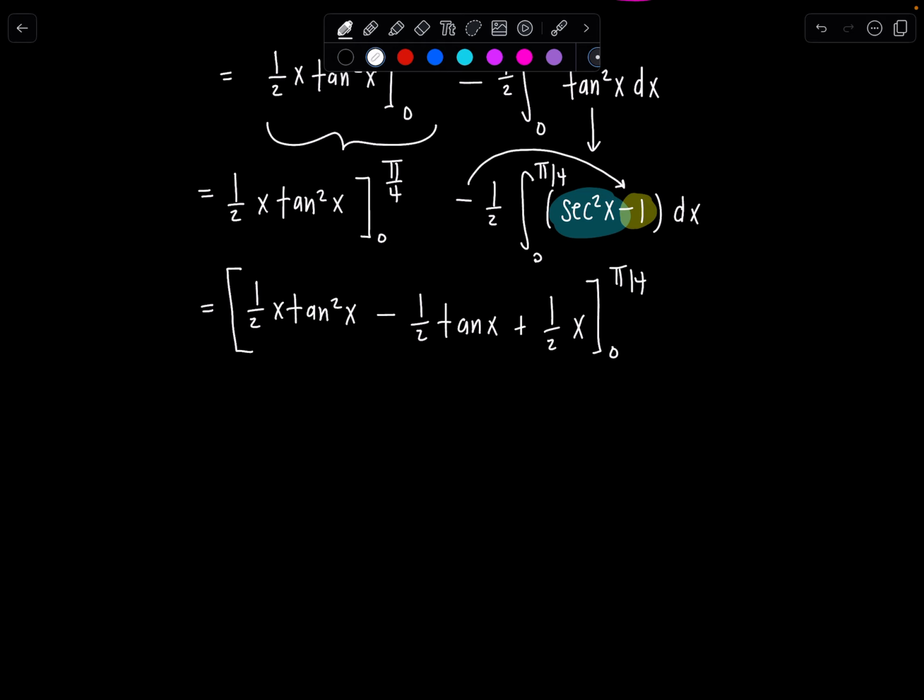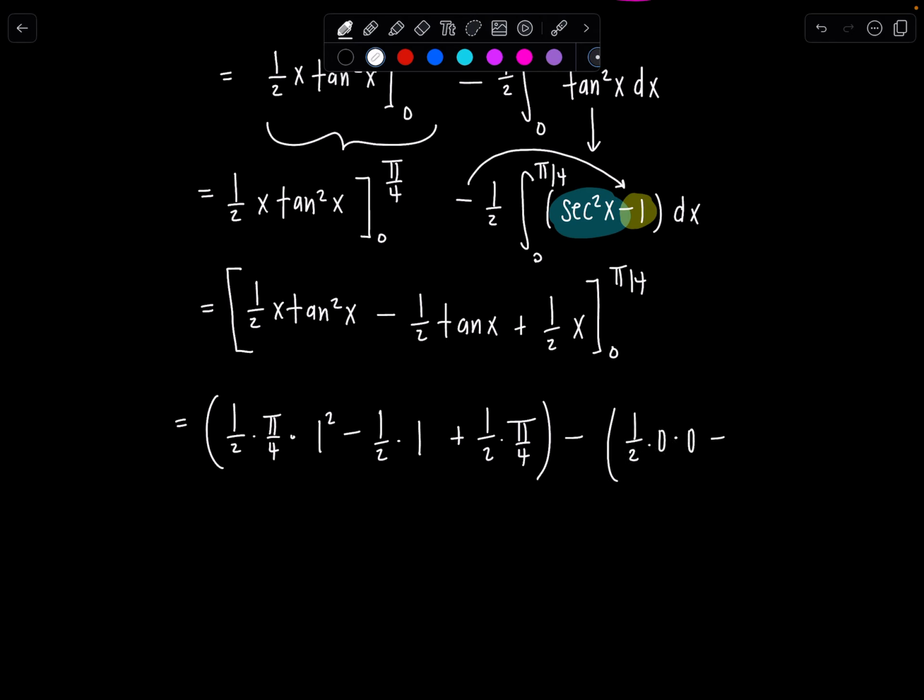So we're going to plug in upper limit first, pi over 4. So we have 1/2 times pi over 4. Tangent of pi over 4 is 1 squared, minus 1/2 times tangent of pi over 4 is 1, plus 1/2 times pi over 4, that's the upper limit, minus 1/2 times 0, tangent of 0 is 0, minus 1/2 times 0, plus 1/2 times 0.